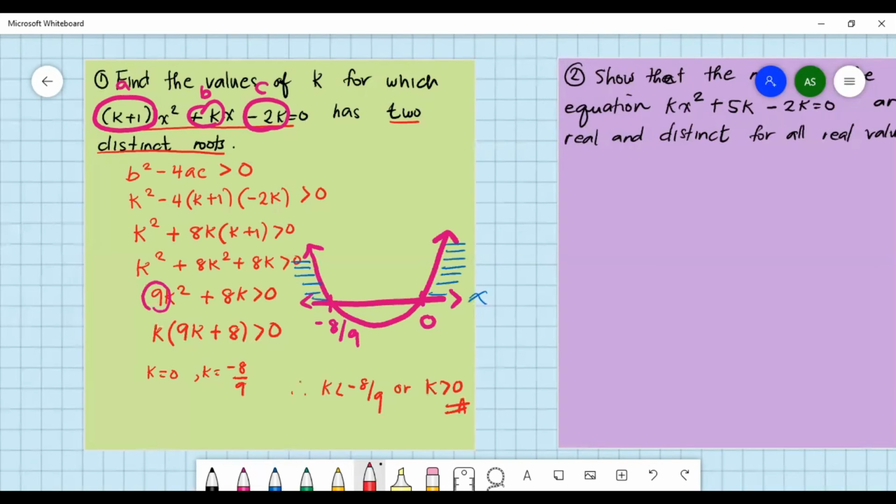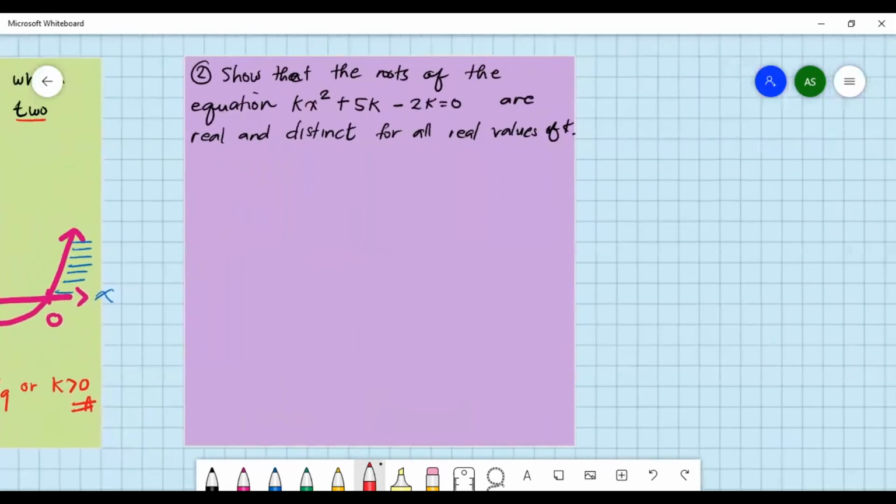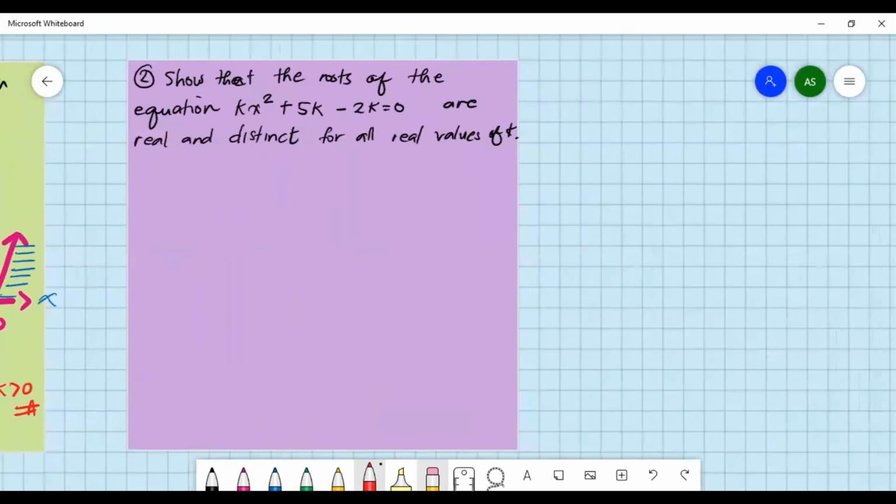All right, now let's proceed to question number 2. Show that the roots of this equation are real and distinct for all real values of k. Remember again, for the roots to be distinct, b squared minus 4ac, the discriminant, must be greater than 0.